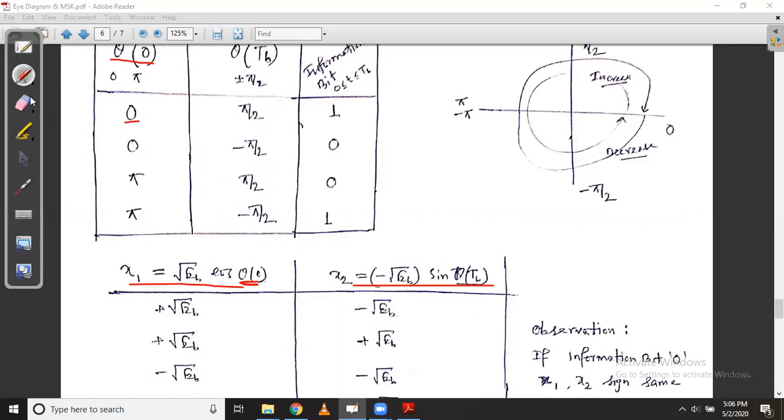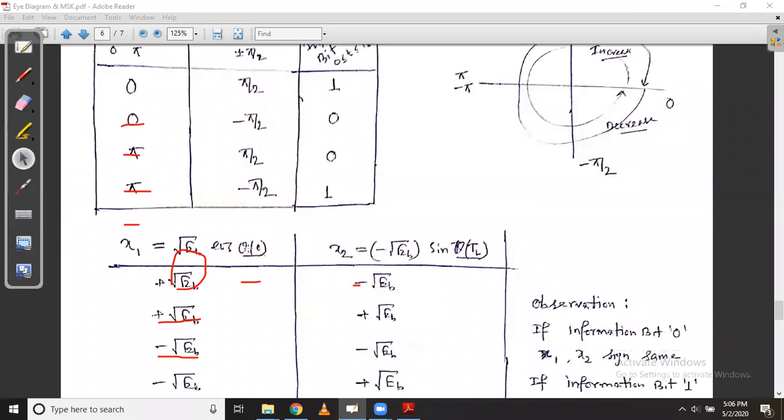Suppose this is 0, so cos 0 means 1. So we are getting this one. For this 0, again we are getting the same value 1. This pi means minus 1, so we will get minus root of Eb. So you are getting this 2.